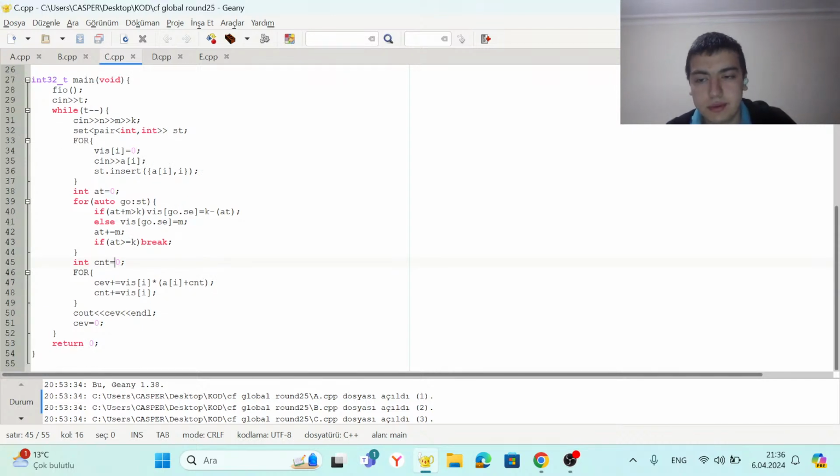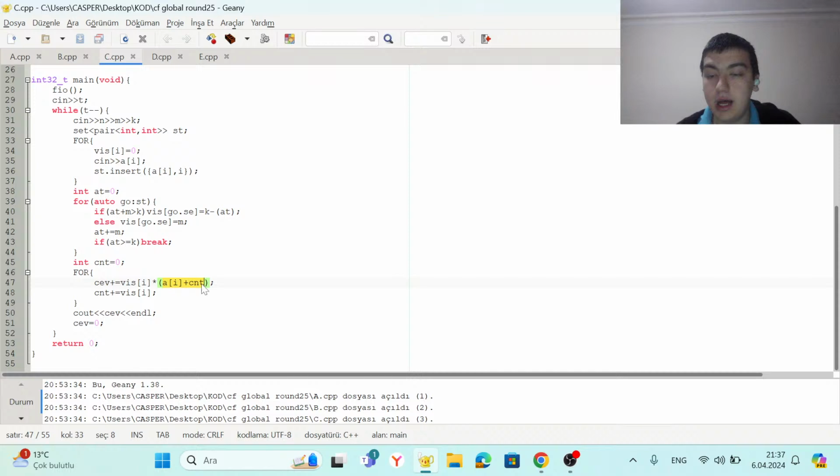After that, I'm using this count variable that holds how many tickets I have bought on the previous days. I'm adding to the answer visit i, which is the number of tickets I have bought on the ith day, multiplied by A i plus count.